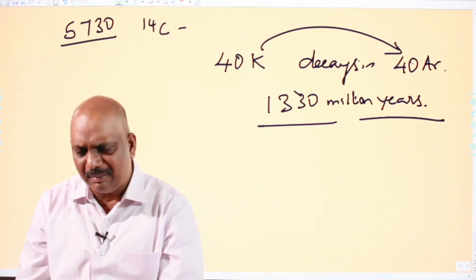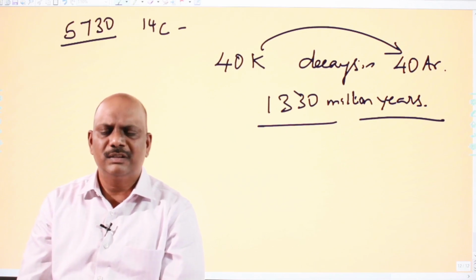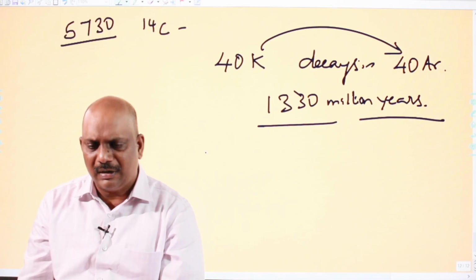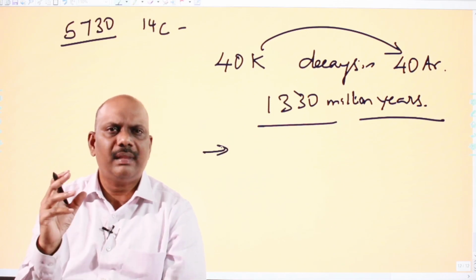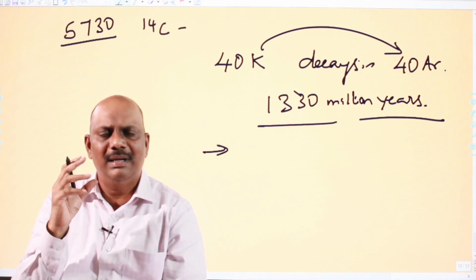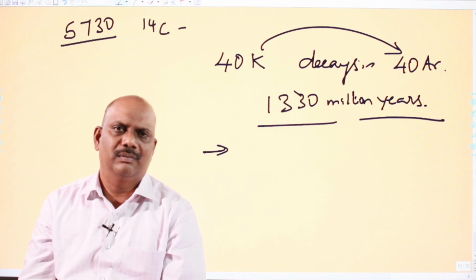But at the same time, there are some drawbacks in this dating technique. Just keep this in mind: in this technique, we cannot date the exact fossil, but we will be dating only the mineral contained in the rock in which the fossil is found.